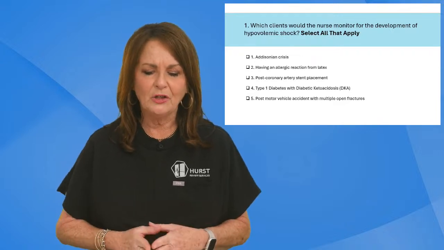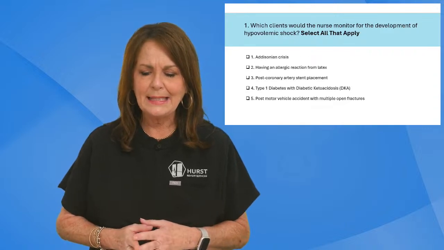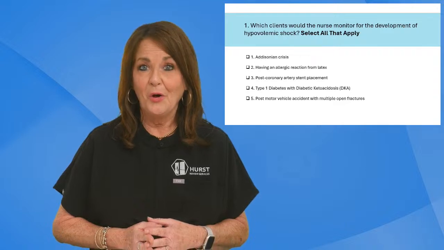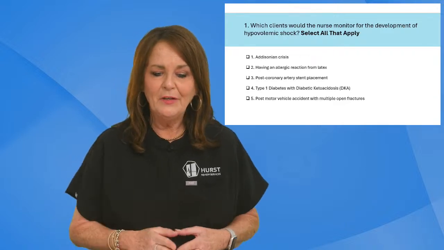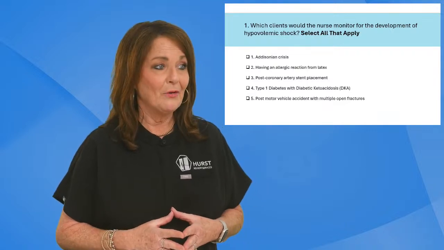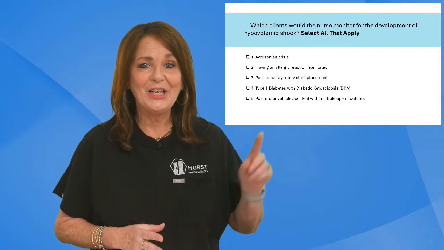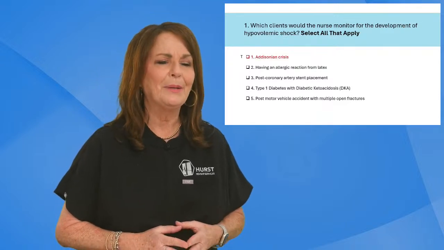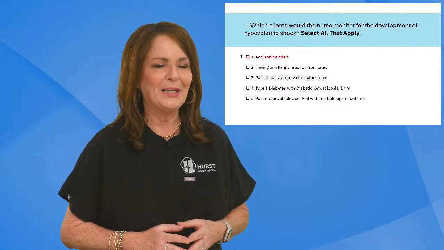So if a client was in a crisis, does this mean Addison's disease is better or worse? What do you think? Worse, right? So even more so, they're going to lose more sodium and water right here. So option number 1 is true. That's right. It makes me concerned about the client developing hypovolemic shock right here.